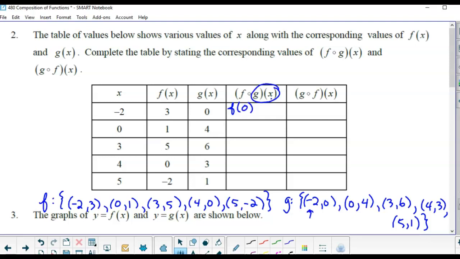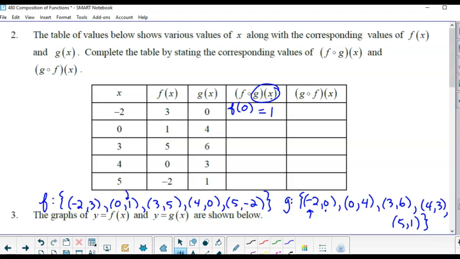When x is -2, what do I get for y? 0. So that's going to go in now for my f. So x is 0 in f. That means y is 1. Or you look at the chart. When x is 0 here, y is 1. So you don't need to write out the set like I did, but sometimes it might make it easier.